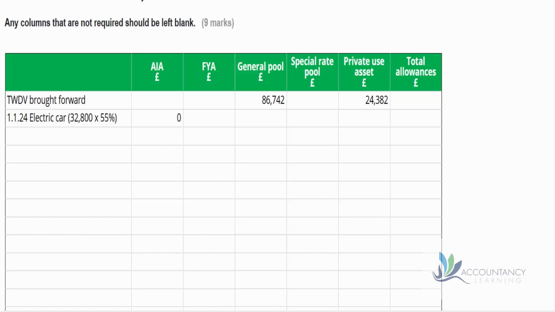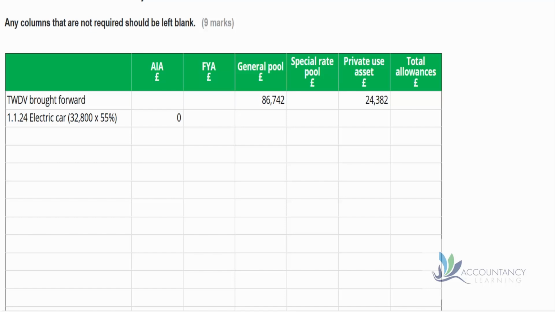So what about FYA? So this relates to first year allowance. So again, this is a type of capital allowance which offers tax relief at 100% on qualifying expenditure in the year of purchase. But in this case, there is no limit on the qualifying amount, but the qualifying assets are very restricted.